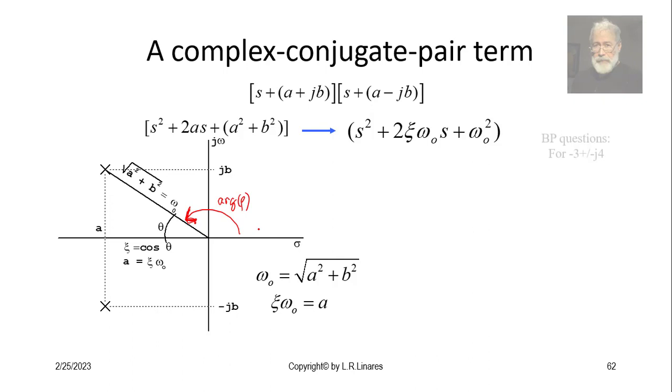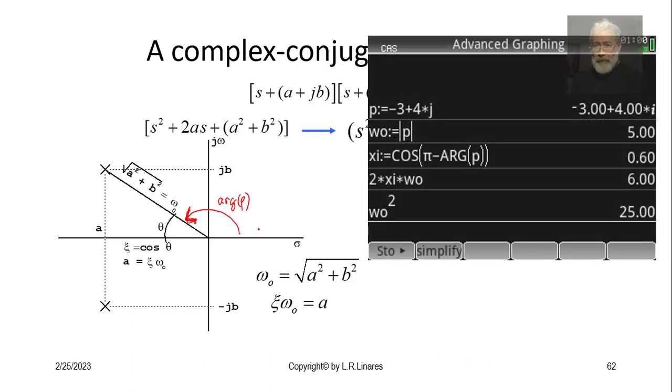Fine. Let's say that the poles are at -3 plus j4 and -3 minus j4, and we want to find what is the undamped frequency, what is the corner in the Bode plot, and we also want to know what is the damping factor and what is the quadratic term. How does that trinomial look for that pair of poles? With a calculator, I define the pole p as -3 plus j4.